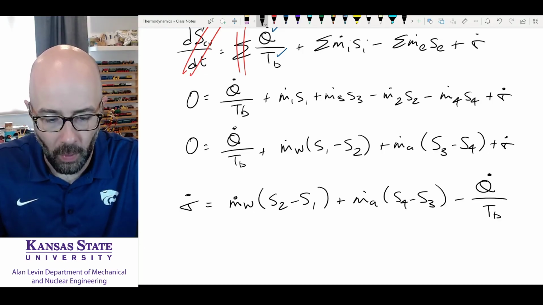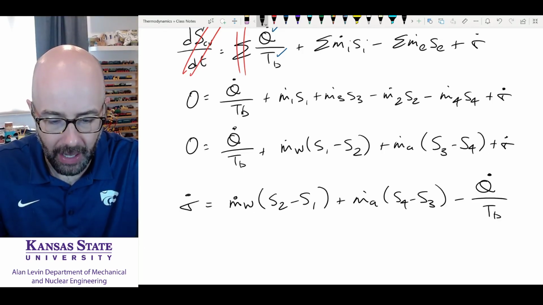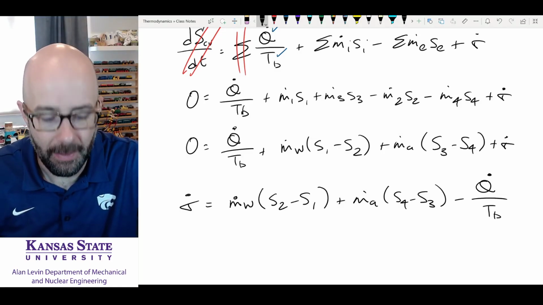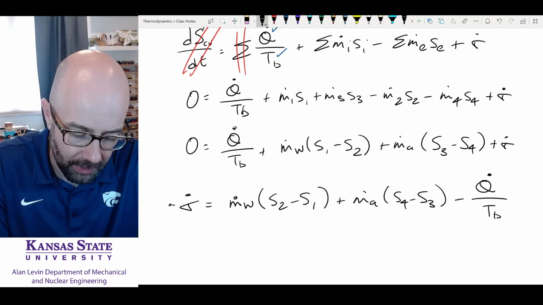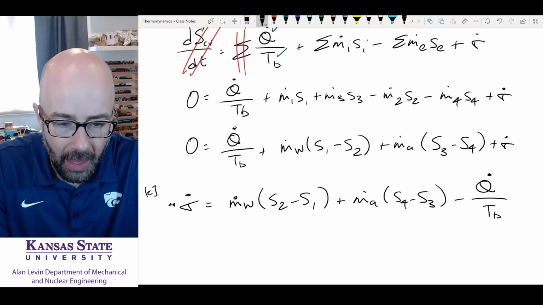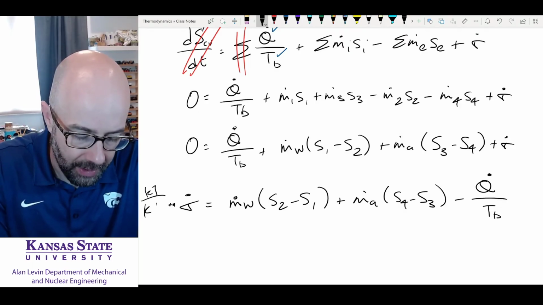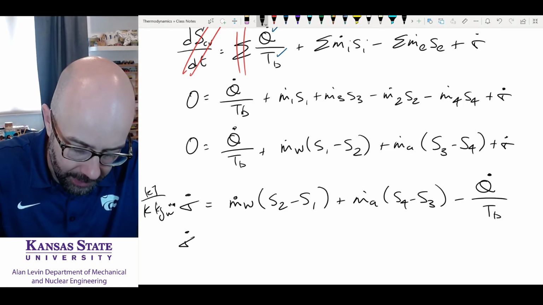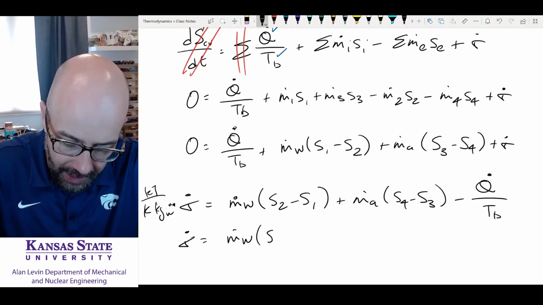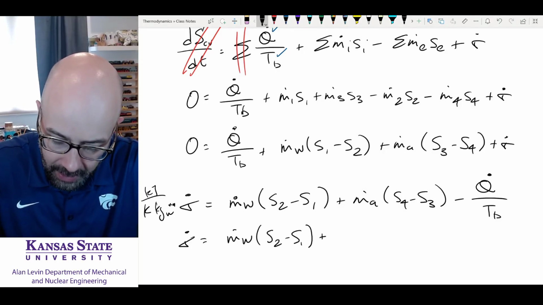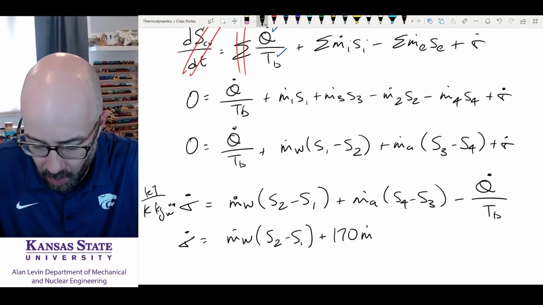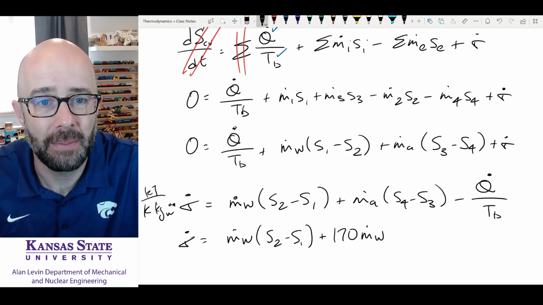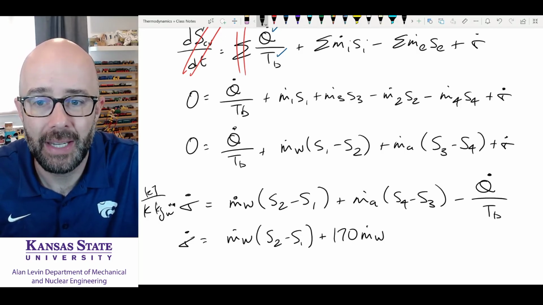Okay, well, I'm going to have to look up some things here to make sure that I get this right. I also want to find my units here. I want to find this in kilojoules per Kelvin per kilogram of water. Okay, so I have to again do my conversions here. I have sigma dot is equal to mass flow rate of my water times S2 minus S1 plus this is going to be 170 times the mass flow rate of my water, and now I have to use the constant specific heat way to do it, entropy, that we talked about when we developed our TdS equations.